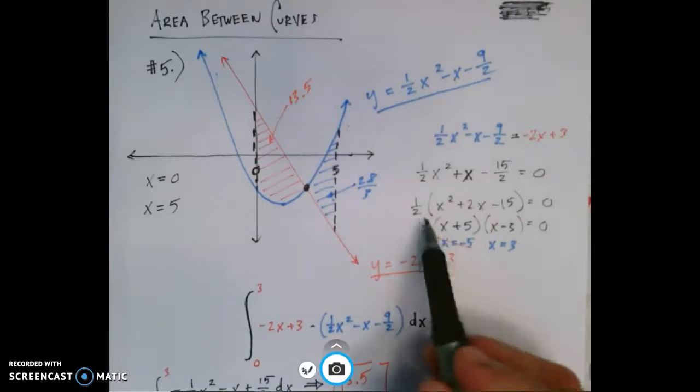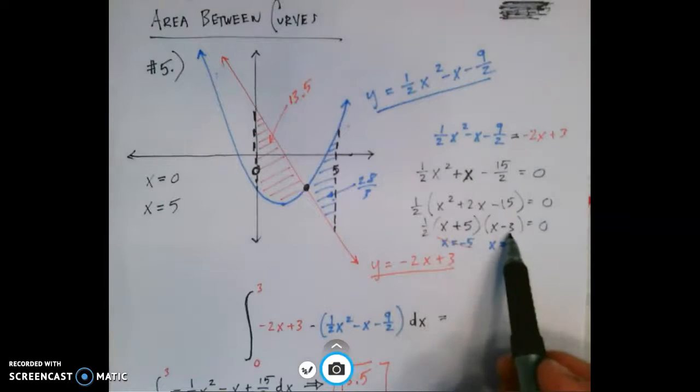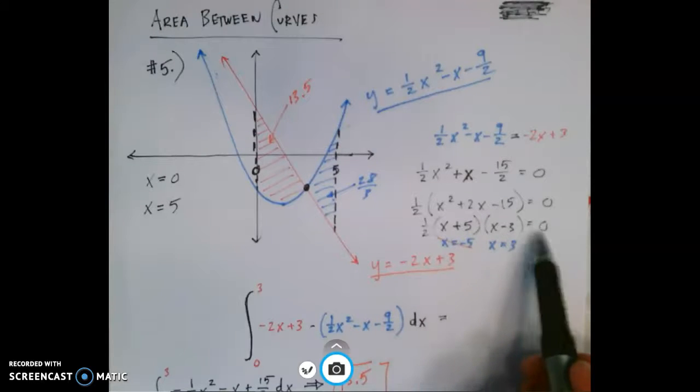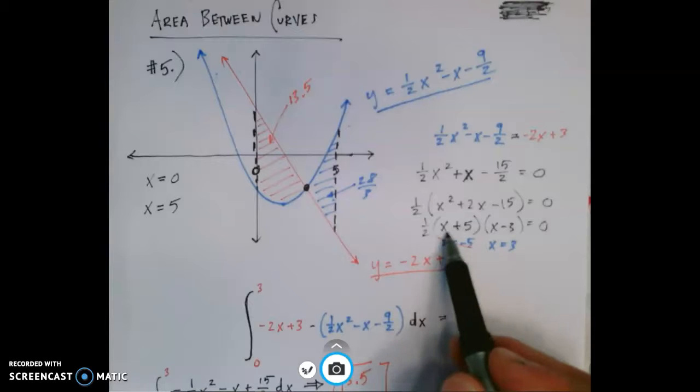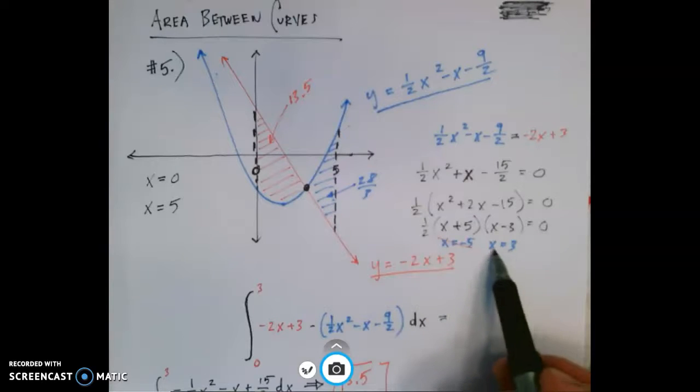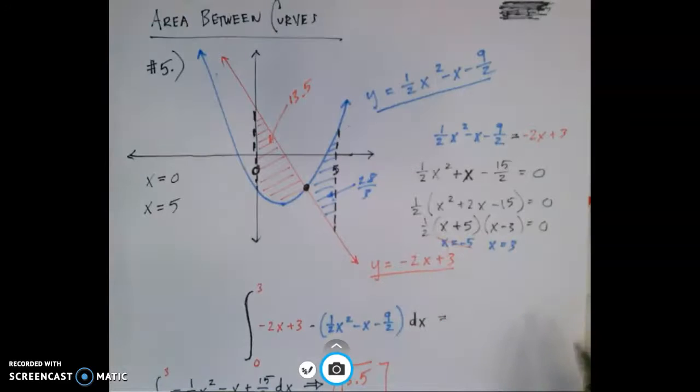Now we're talking about what equals 0 here. When we factor this, the 1/2 has nothing to do with it. This is a very simple factor: x plus 5 times x minus 3 equals 0. Therefore, my two zeros are x equals negative 5, which would make this 0, hence the whole thing, and x equals positive 3. Again, this would make this 0, therefore the whole thing.